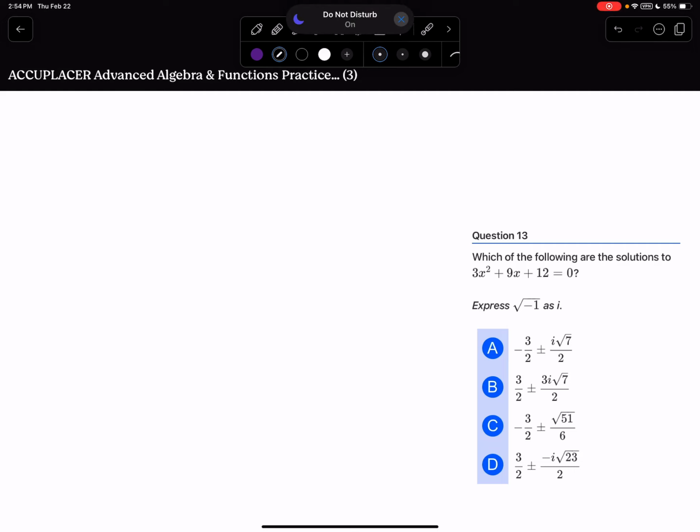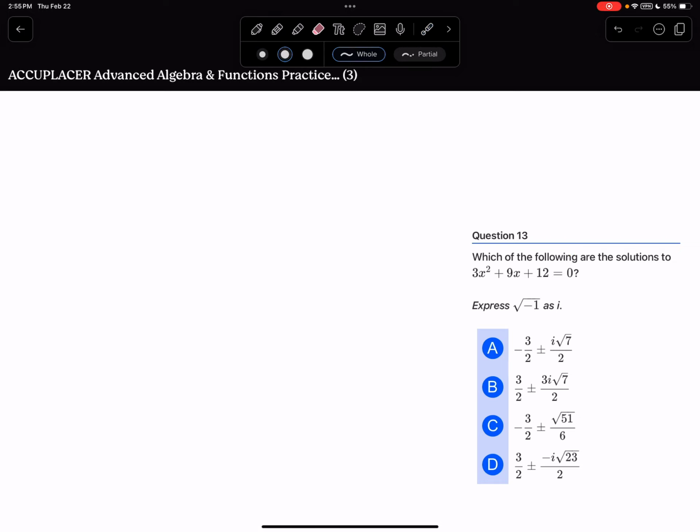Okay, to do this problem, we need to know some things about the quadratic formula, maybe. The quadratic equation is one thing you can do. But let's just look at solving quadratic equations in general. It says here, which are solutions.